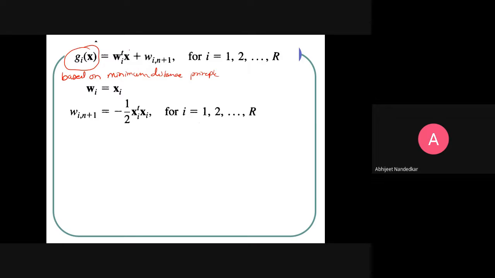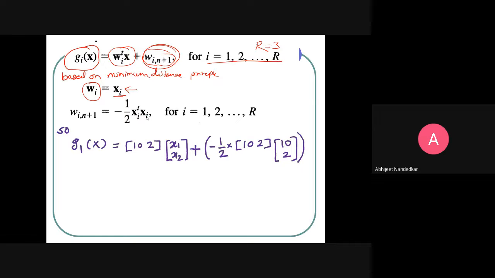I know that this is Wi transpose x plus Wi,n+1 for i equal to 1 to R, where R here is equal to 3. And what is Wi? Wi is straightaway equal to Xi, that is your prototype. And Wi,n+1 is minus half Xi transpose Xi.